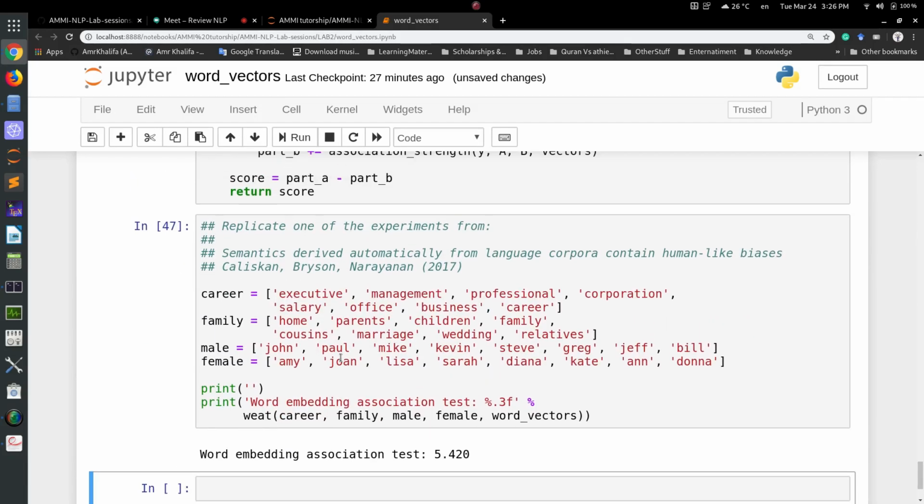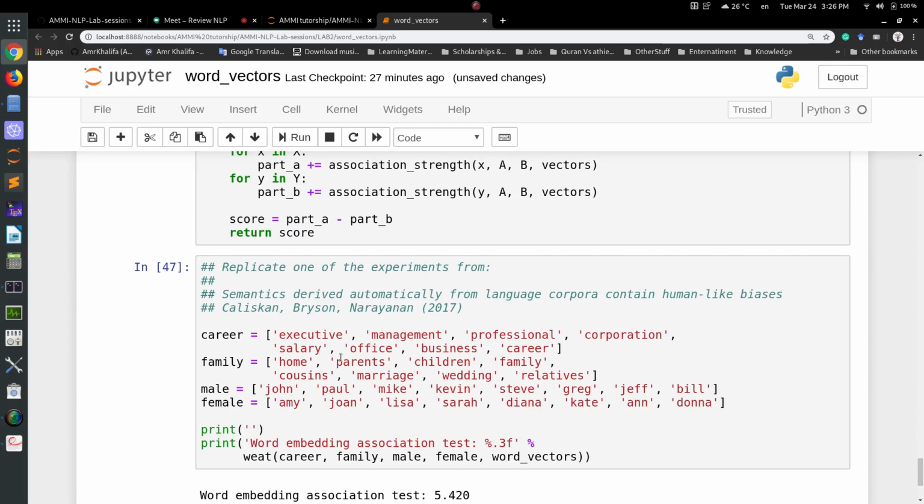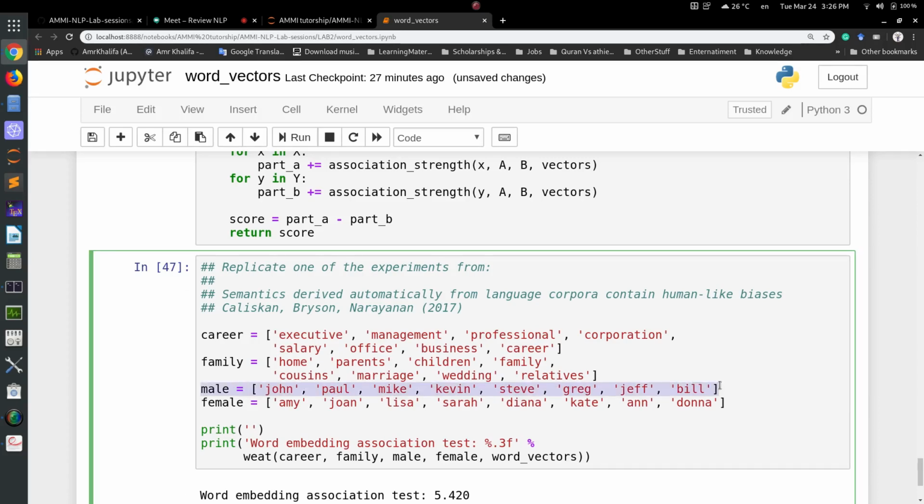Okay, so now let's explain what we just did. Here we have male names: John, Paul, Mike, Kevin, Steve, Greg, Jeff, and Bill. And then we have female names: Amy, Joanne, Lisa, Sarah, Diana, Kate, Anne, and Donna. So these are the sets that we're going to check for a difference between them, given some attributes.